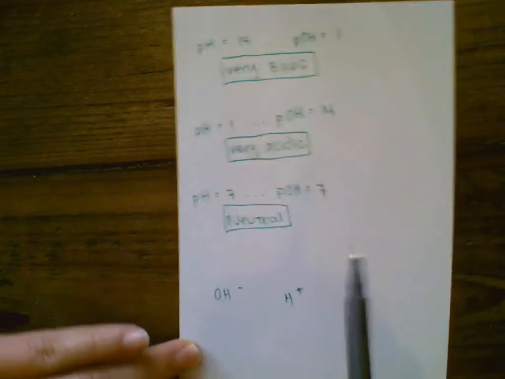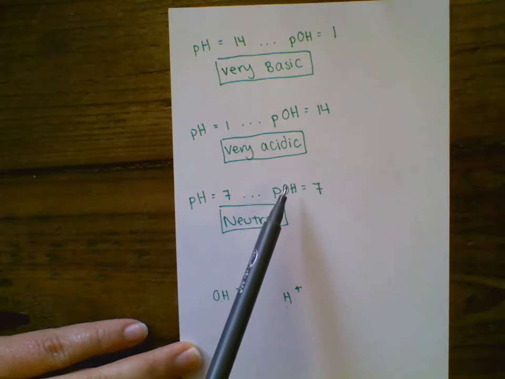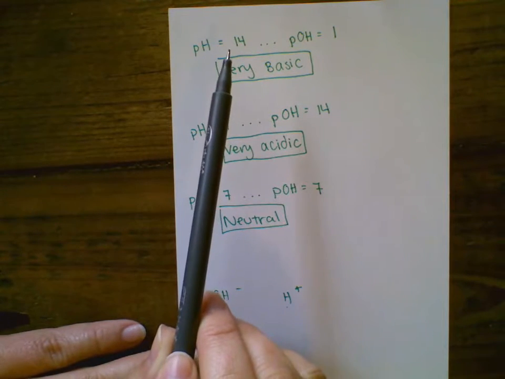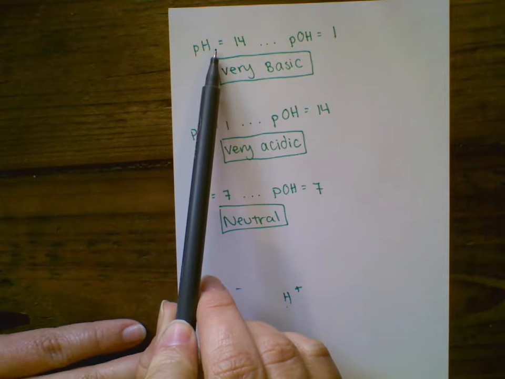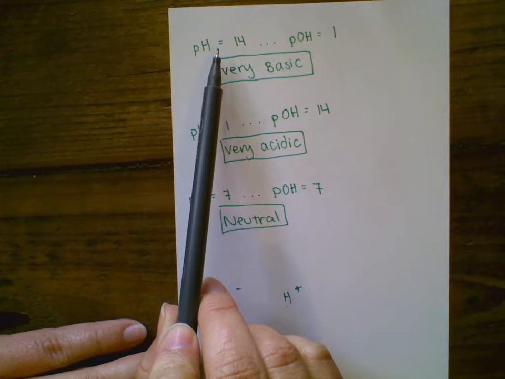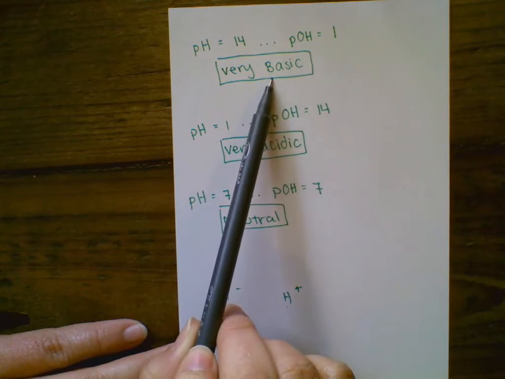Okay. So if we look up here, I've just written down the highlights from that picture on the last slide. If we're looking at something that has a pH of 14, at the very top of that pH scale, yesterday we talked about that being sodium hydroxide, it would have a pOH of 1, and it's going to be very, very basic.